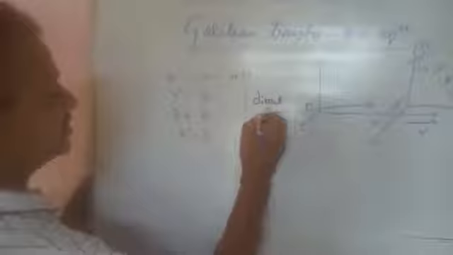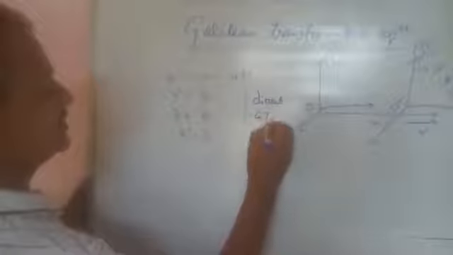Okay. Then these are called direct Galilean transformation equations. Now we can write like this: X is equal to X dash plus Vt dash, Y is equal to Y dash, Z is equal to Z dash, T is equal to T dash.